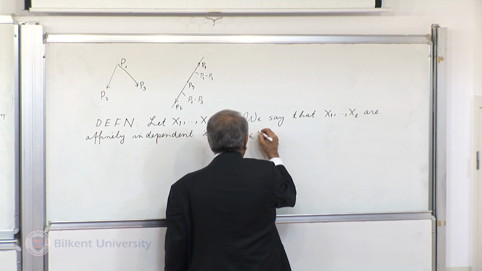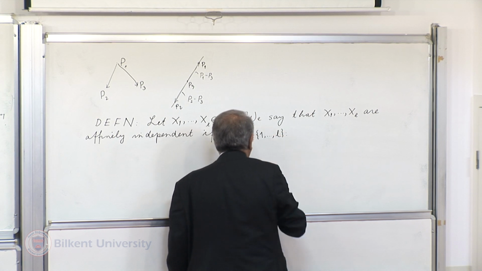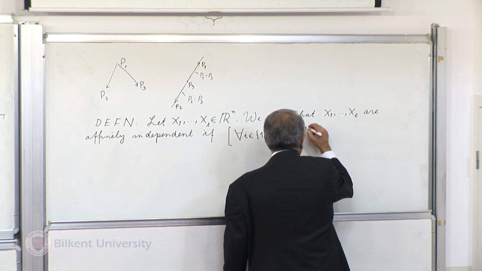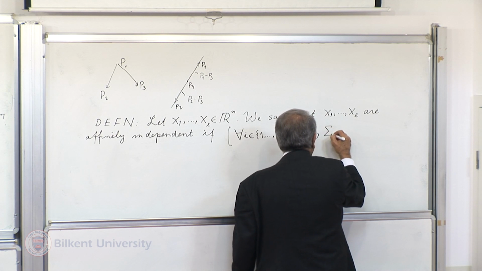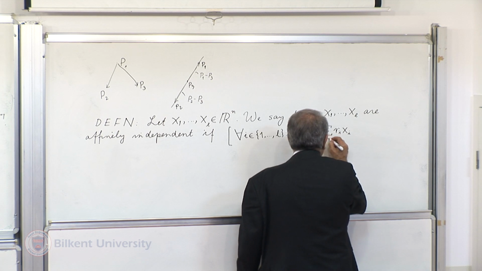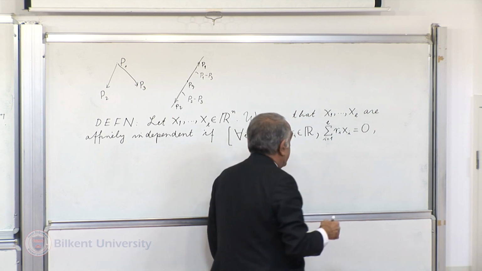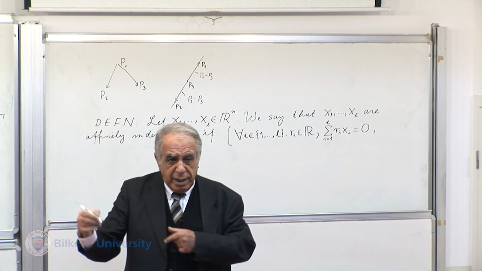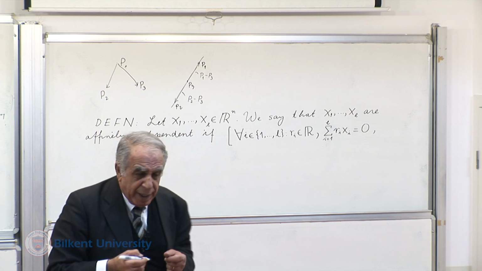For all i in 1 to L, ri is a real number, and the sum of ri xi, i from 1 to L, is equal to 0. Now, if this implies that all ri's are equal to 0, then that means x1 up to xl, they're linearly independent.